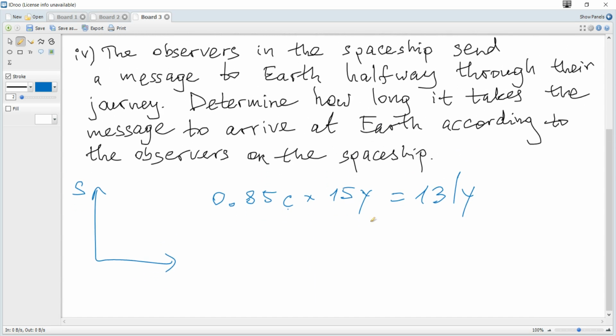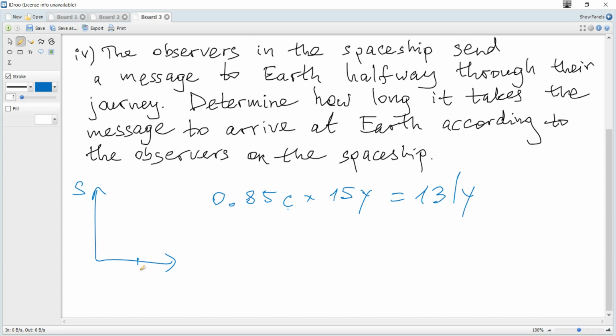The next: the observers in the spaceship send a message to Earth halfway through the journey. Determine how long it takes the message to arrive at Earth according to the observers on the spaceship. So we need the moving reference frame.